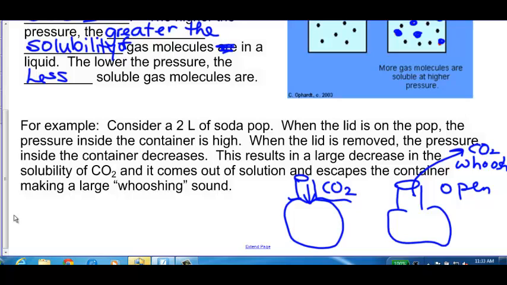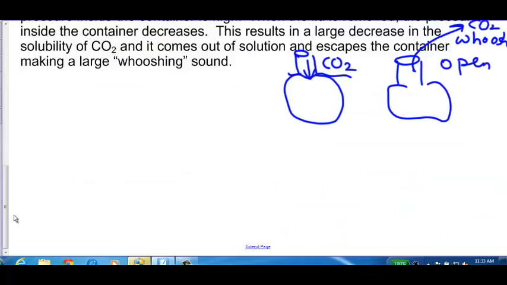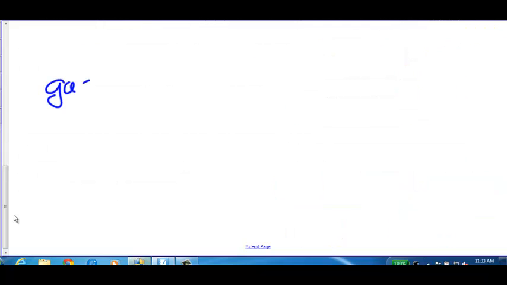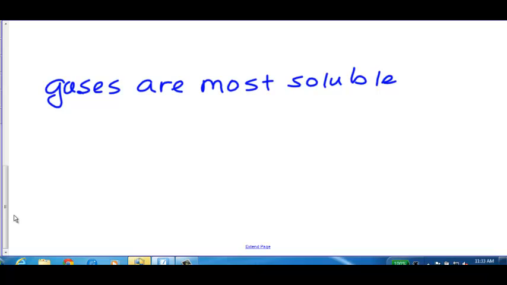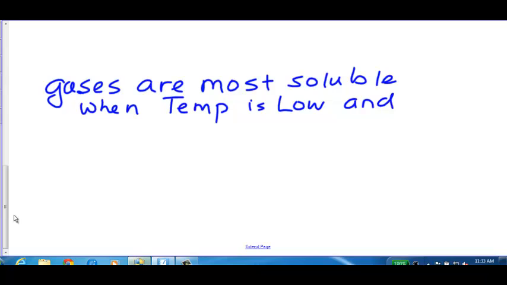So gases are more soluble, and this is the bottom line. Gases are most soluble, and I think it's one of the things you write in your chart every other week, when temp is low and pressure is high.